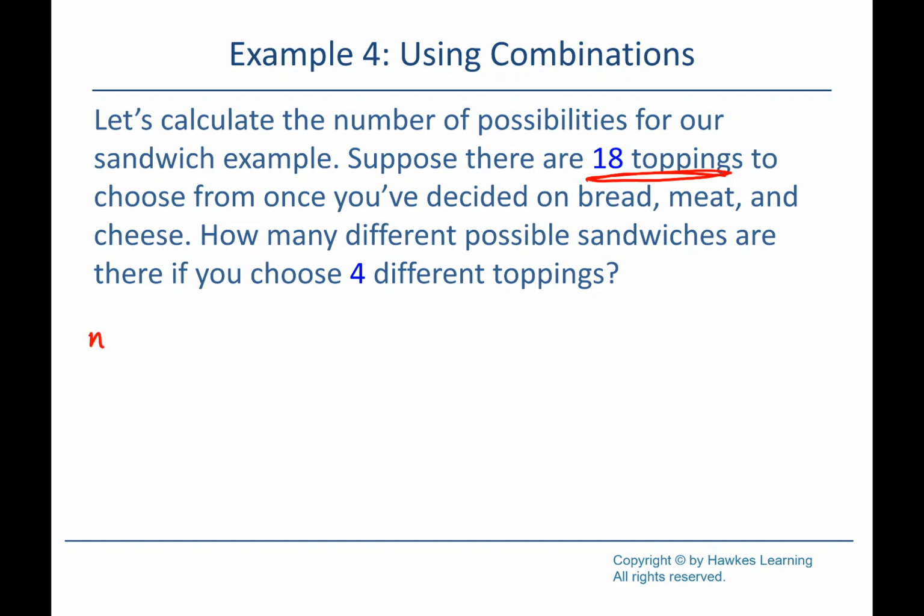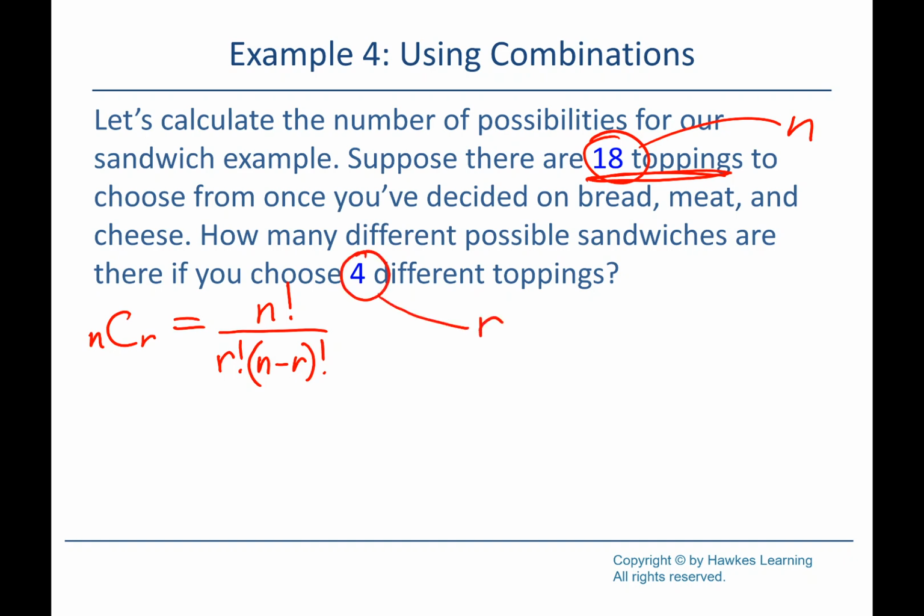Our formula for combinations is this. Now remember, N is our total, so 18, that's N. R is how many things we're choosing, so R is 4.